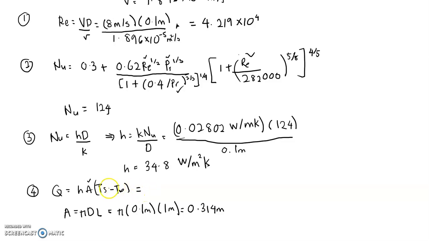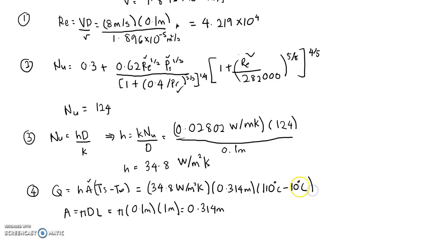Now you can solve for Q: h 34.8, multiplied by your area 0.314, and your surface temperature 110 degrees Celsius minus 10 degrees Celsius.